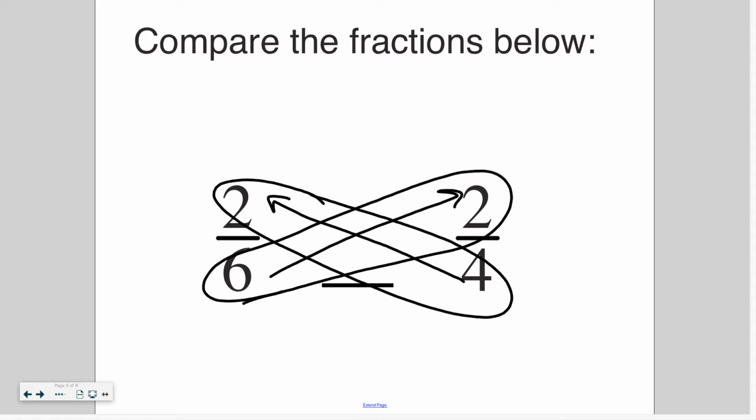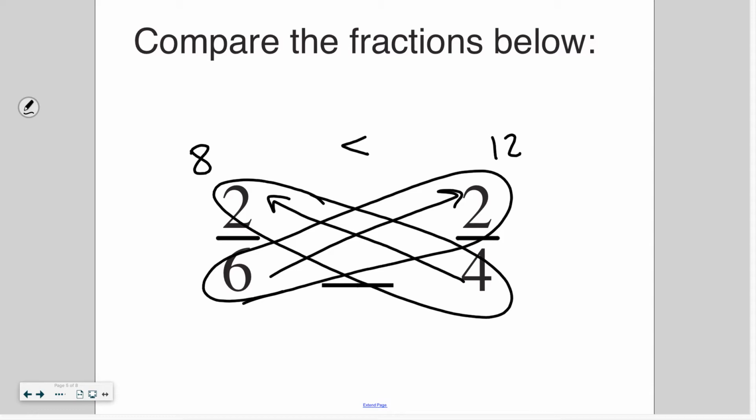So it's also called cross multiplying. So I'm going to do 4 times 2, that's 8, and 6 times 2, that's 12. So I see that 12 is greater than 8, or 8 is less than 12, so I can use this symbol. 8 is less than 12, which means that 2/6 is less than 2/4.